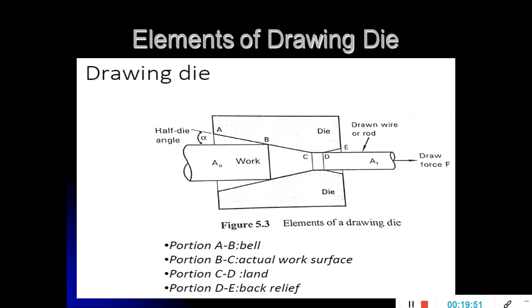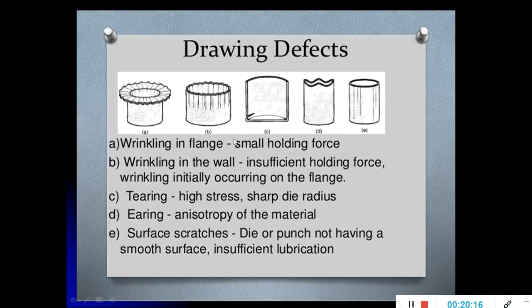It is provided so that sufficient force can be applied to pull the workpiece from the other end. So these are the elements of a drawing die. If it is asked in the examination, you have to draw the sketch and explain what you mean by the portions AB, BC, CD and DE.